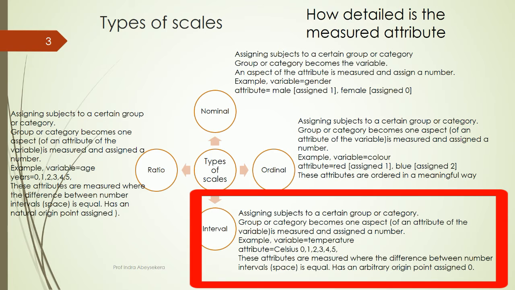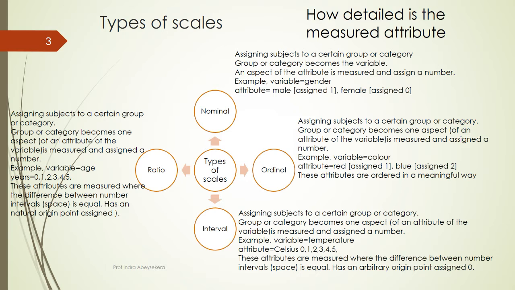An example is the variable temperature, and to measure the temperature attribute, we can use the Celsius scale, which has a 0 point, the freezing point, and then 1, 2, 3, 4, and so forth, and the difference between numbers is equal.